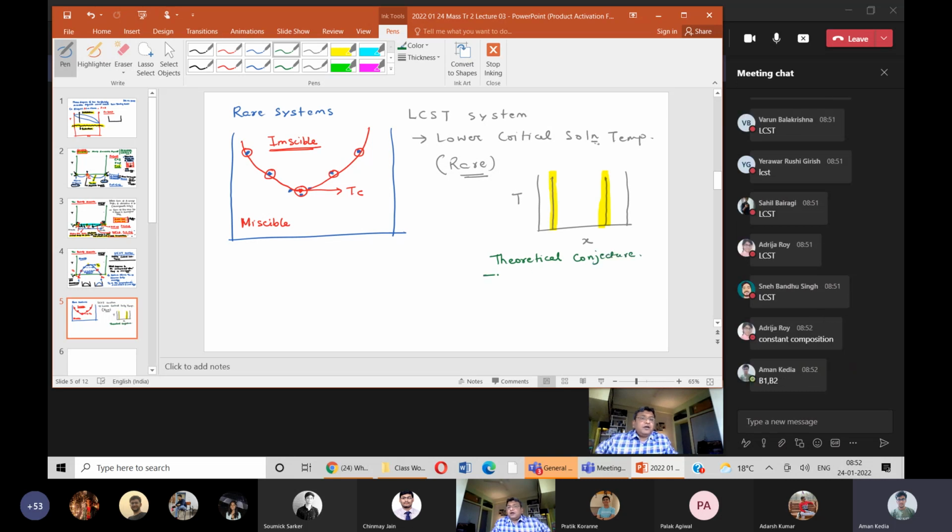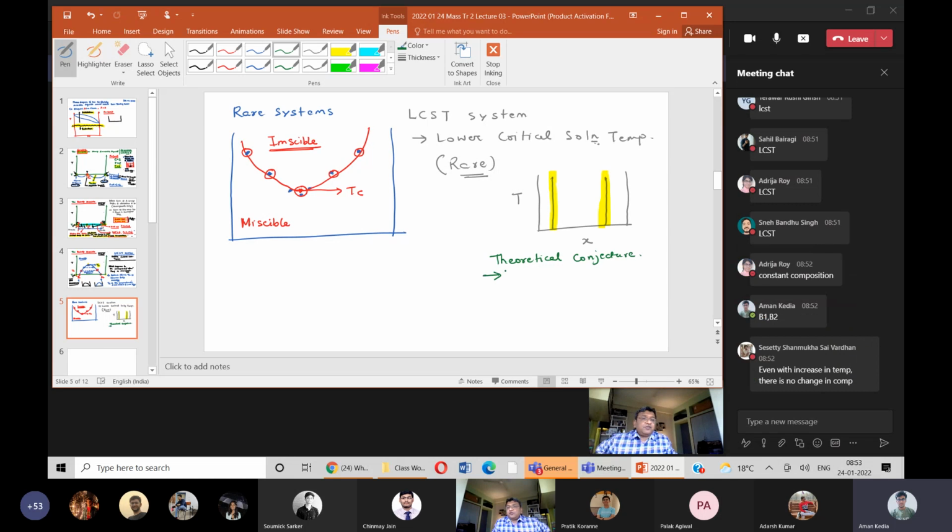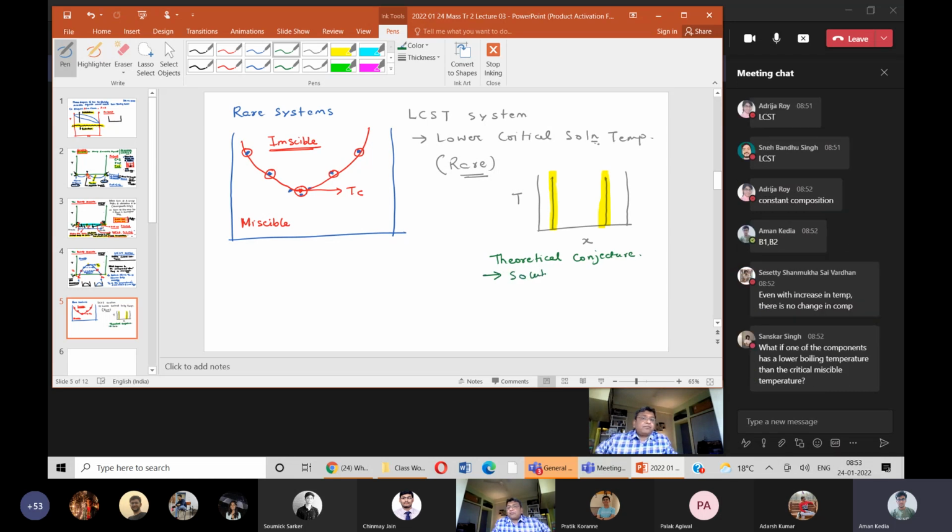Constant composition. Or Adrija, you can be a little bit more specific. Solubility, or I would say relative solubility, does not change.